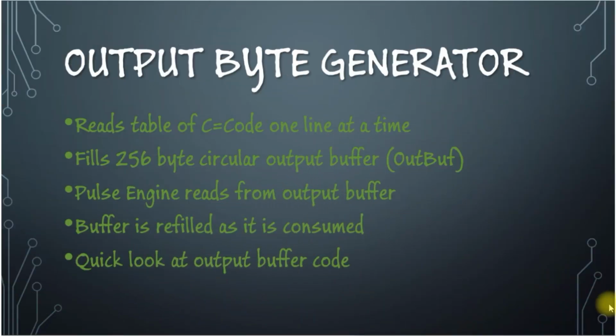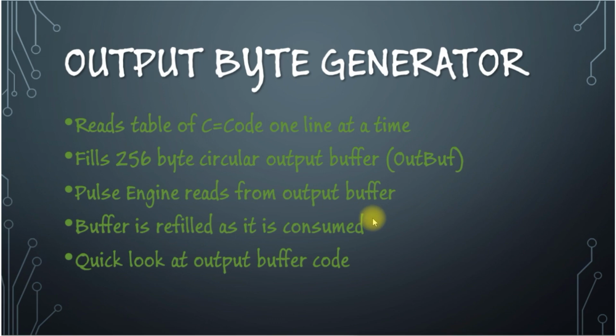Over on the Commodore 64 side, one section of code we have is an output byte generator, and it reads the table of the Commodore code we just saw, and it fills a 256 byte circular output buffer. And then the pulse engine, which is the part that's run in the non-maskable interrupt, reads from that buffer, and the buffer is refilled as the pulse engine is consuming it.